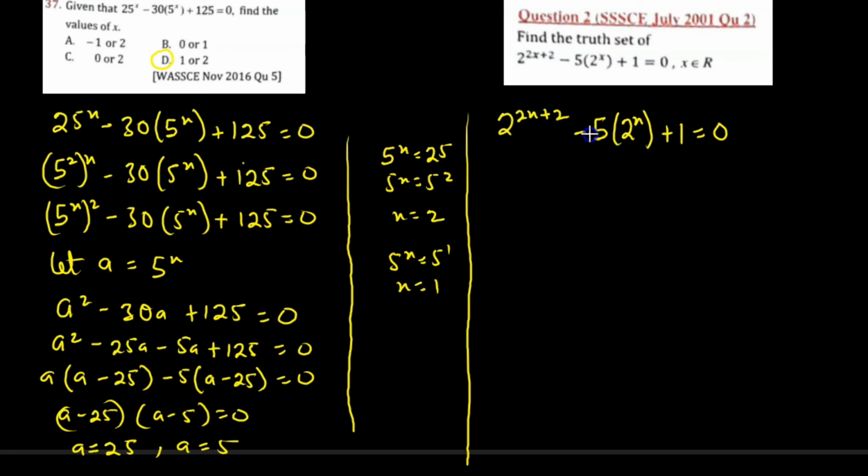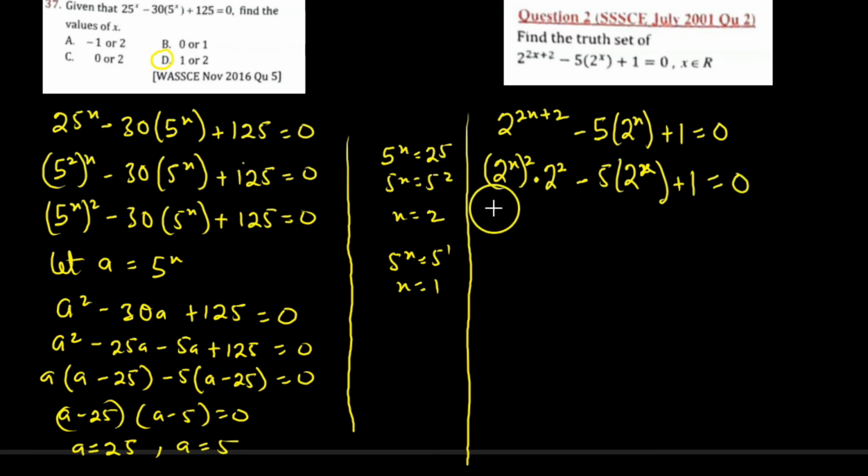So in the same way, we have to write it to the power 2x so that we can replace 2x with our new variable. So this can be split and written as 2 to the power x all to the power 2, times 2 to the power 2, minus 5 multiplying 2 to the power x, all plus 1 equal to 0.